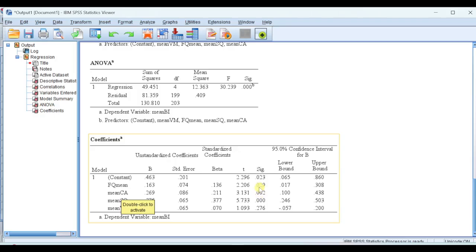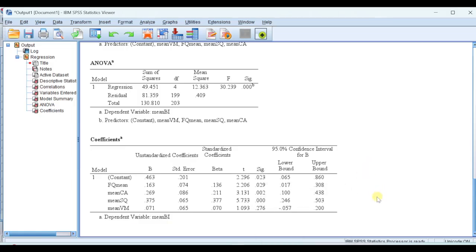So as in this case, the p-value is 0.029, which is below 0.05. So we reject the null hypothesis, which was that FQ is not a significant influencer of BI, and we go with the alternate hypothesis, acceptance of the alternate hypothesis, and say that food quality is a significant influencer of behavioral intention. So this is how we interpret multiple linear regression results.